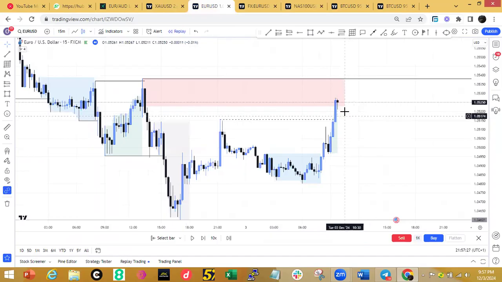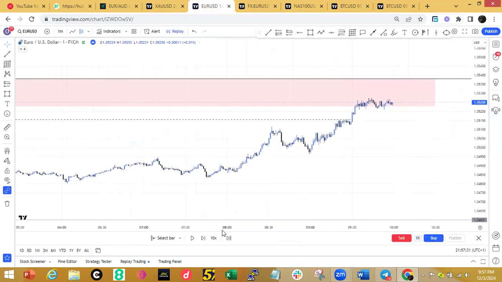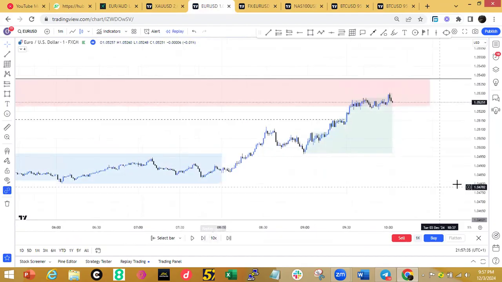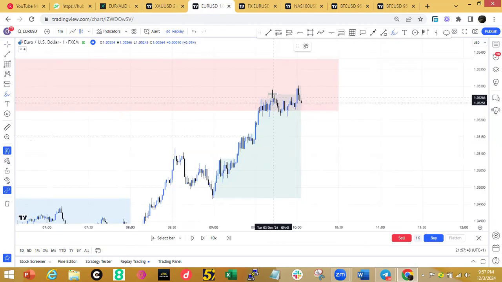Let me continue. Okay, so from this point, I'll come into my M1 and I want to see something that makes sense. I'm looking for a lower high to be formed. Even though I don't mark it, I use my eye to look at it. If you are marking it out, you see this is a point, this is a point, this is a point.